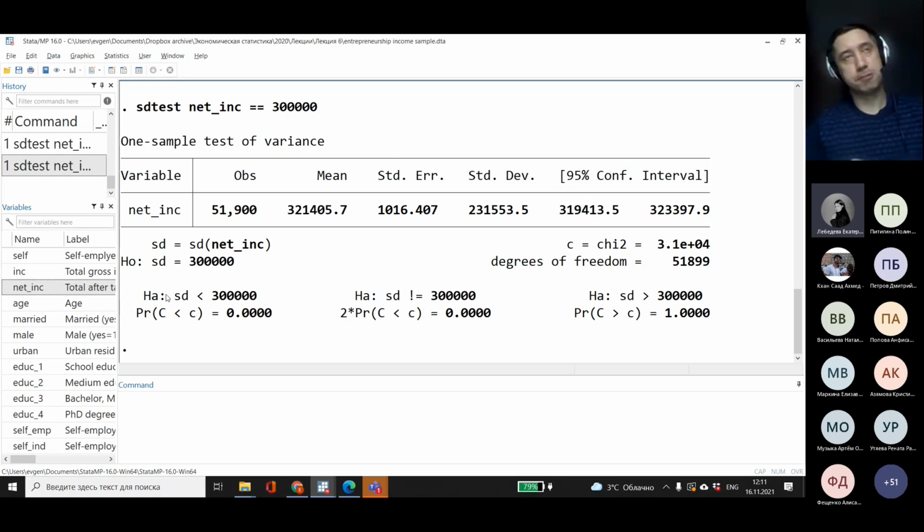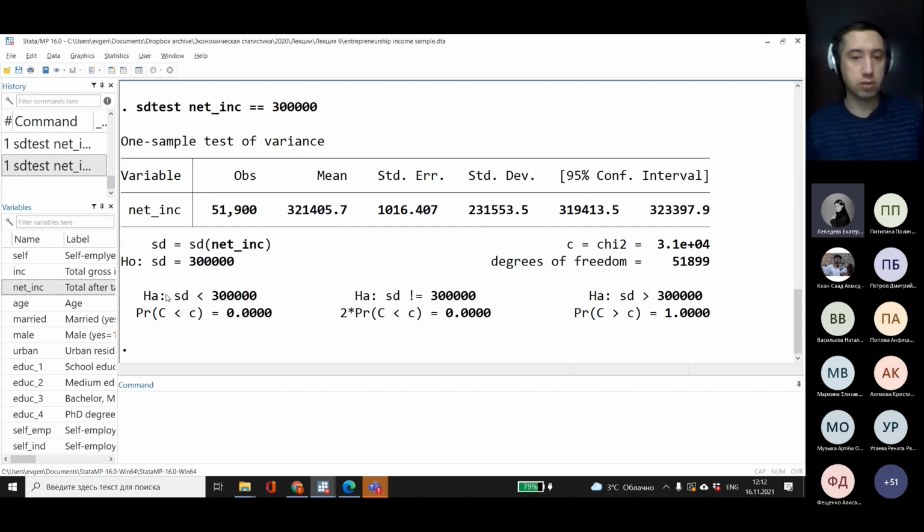For sure, a comparison of standard deviations or variances with a single number is not a usual task in our field, especially if you work with quality standards. If you want to check the quality of products produced, you have to do this procedure a lot. But we often compare two variances.